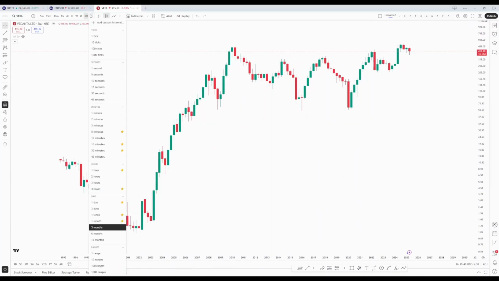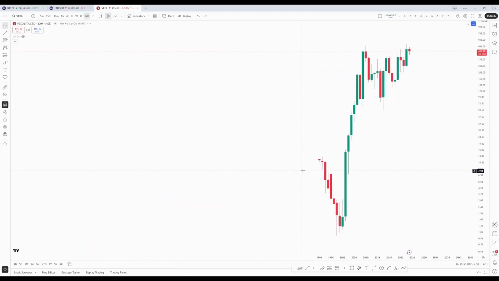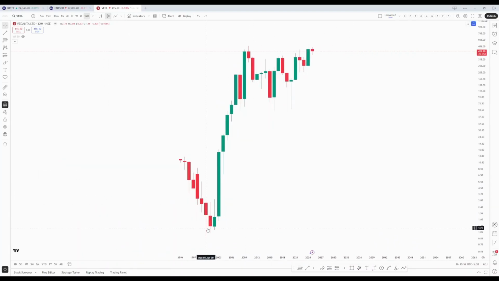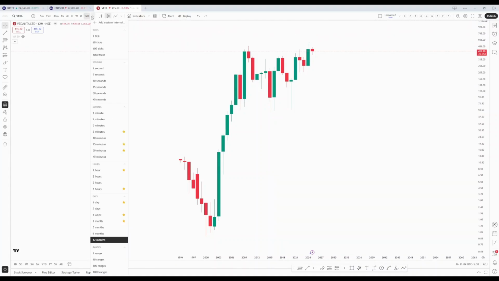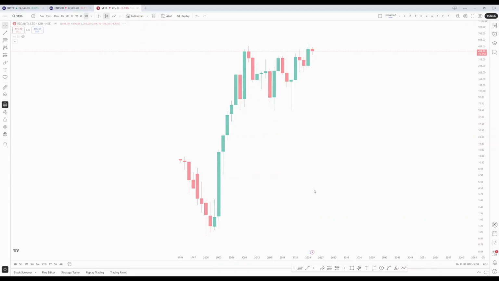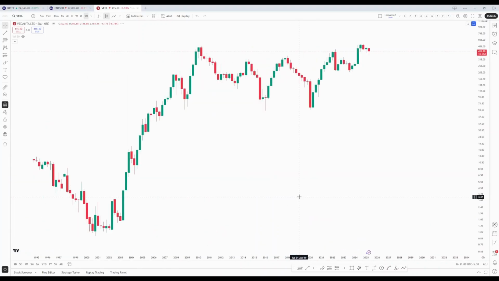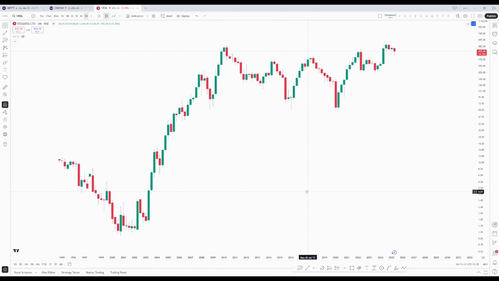So for example, when I was looking at the 1 year chart, it just doesn't give me enough details. Basically I can just see this is one move and that's it. So you could start from this also, but my preference is to have more details at the point from where I begin.